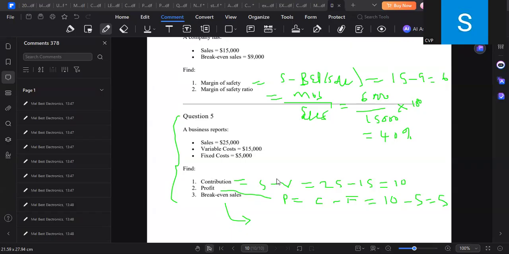How do you find the break even of sales? You start with the contribution ratio. What is the contribution ratio? It's 10.